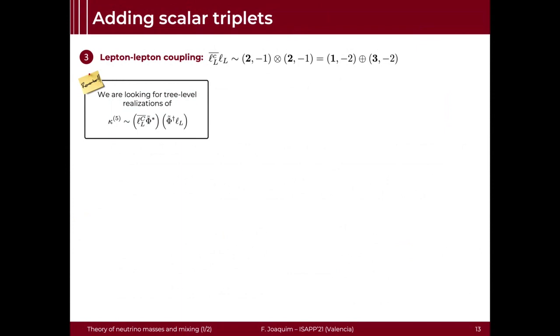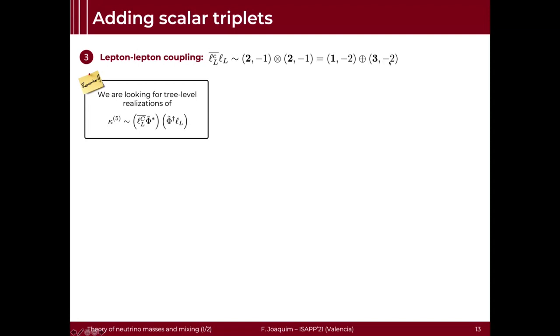When I do LL, I'm actually doing the product of the 2 with minus 1 times 2 with minus 1, which gives a singlet of SU2 with hypercharge minus 2, plus a triplet of SU2 with hypercharge equal to minus 2.